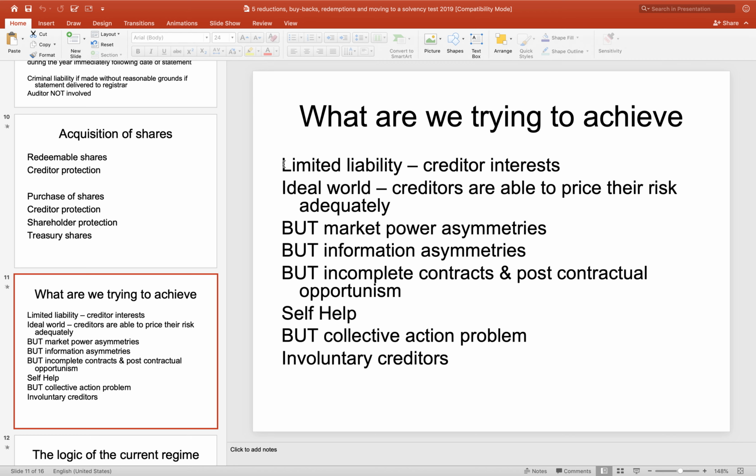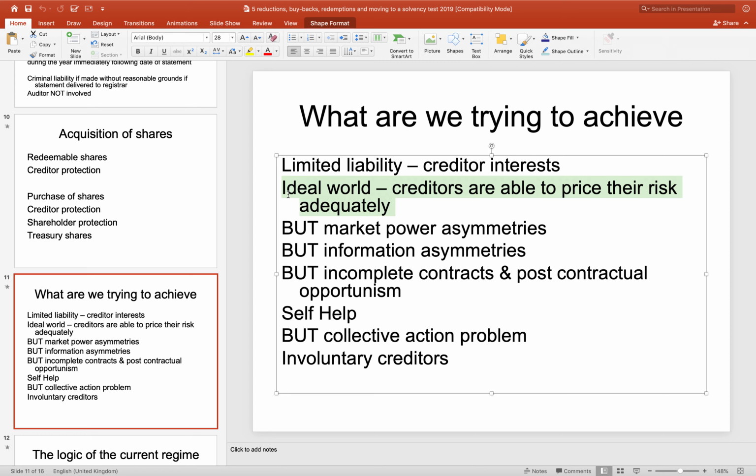Well, we've got the problem, limited liability causes creditor interests to be affected. Ideally, we wouldn't worry about that because creditors can price the risk. So they can lend on terms that protect them. But of course, there are market power asymmetries, there are information asymmetries.